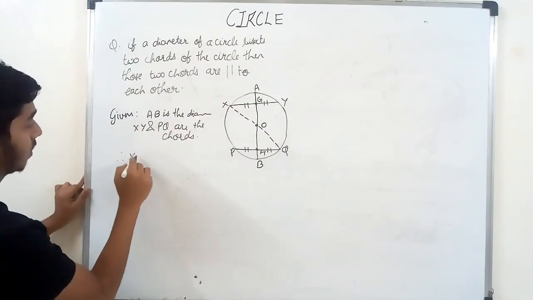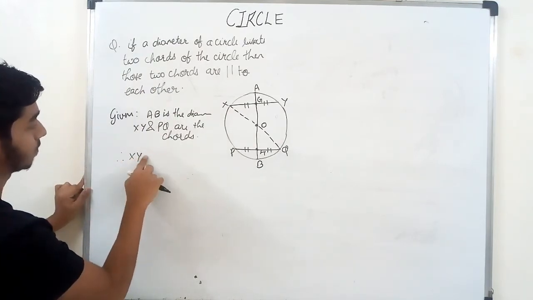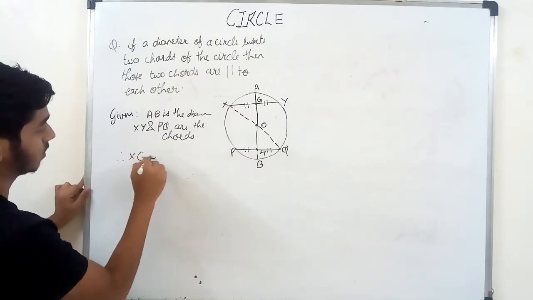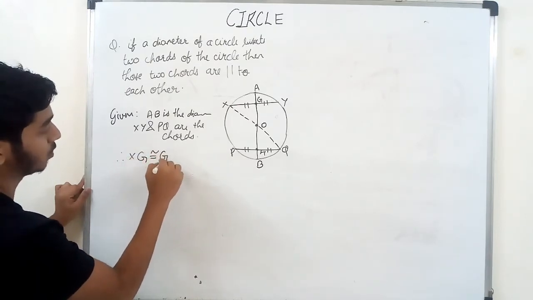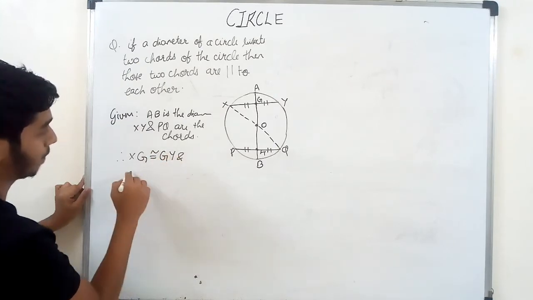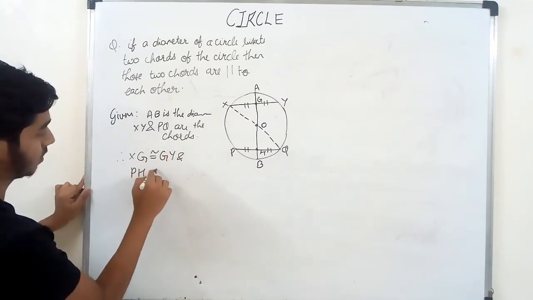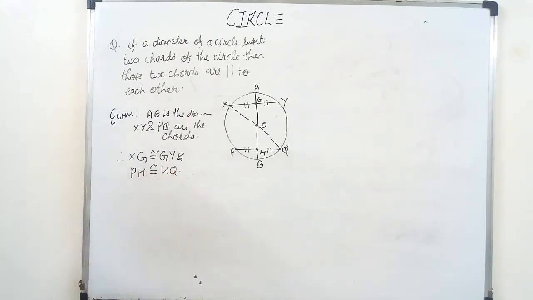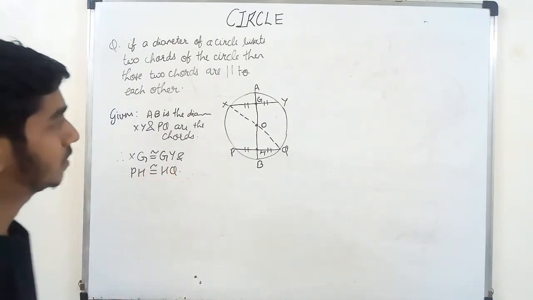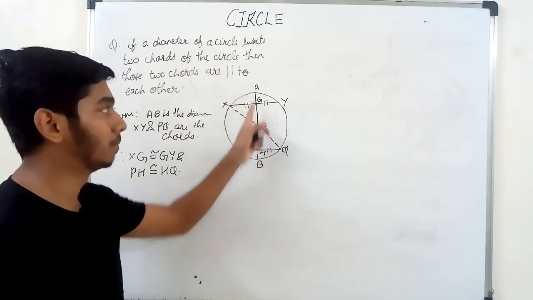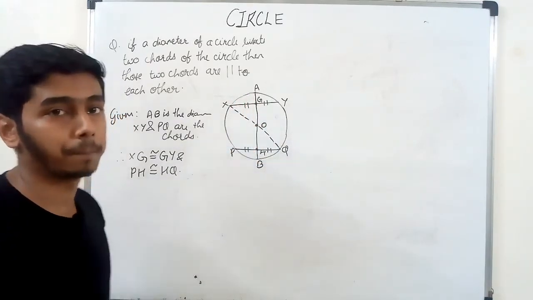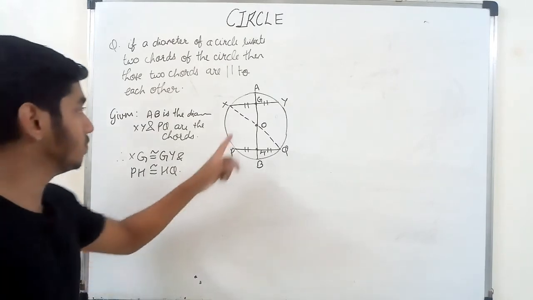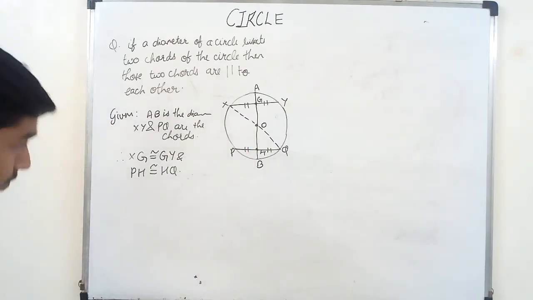Therefore we can say XG is equal to or congruent to GY, and PH is congruent to HQ, correct? Because the diameter is bisecting both of them.